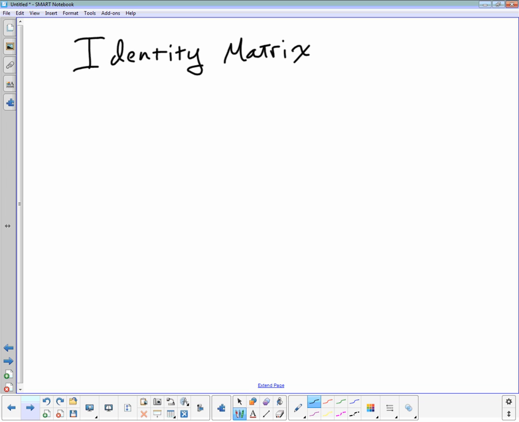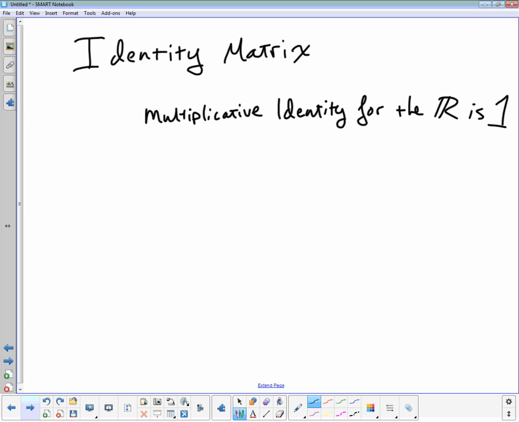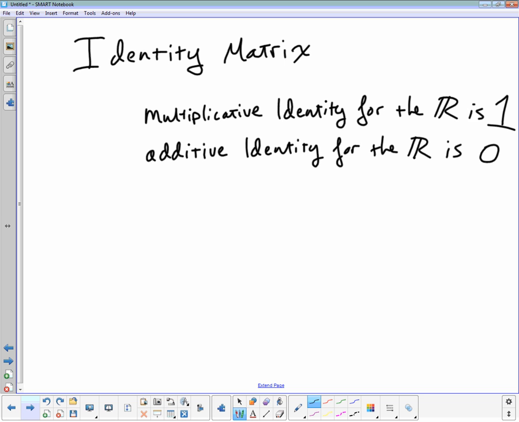If I add, what number when I add it to something doesn't change that? 0. So we have identities. Multiplicative identity for the reals is 1. Additive identity for the real numbers is 0.